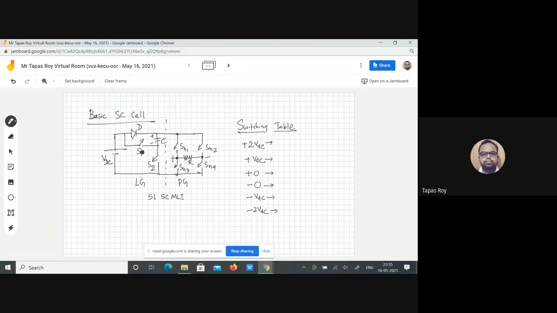So what other switches are turned on? S1, then obviously SH1 and SH4. And at that condition, what is the state of the capacitor? The capacitor is discharging its energy towards the load. So the capacitor state is discharging. When I need to realize plus VDC, I can charge the capacitor because S2 is turned on. So the capacitor will be charged, and at that time I can turn on these two switches.